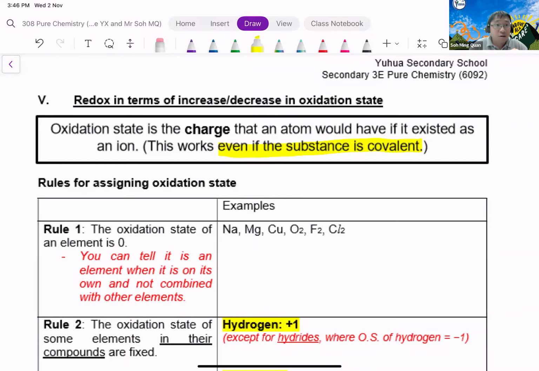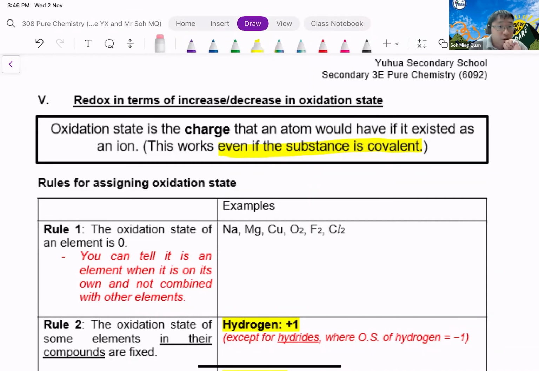Okay? Get it? So it's a charge. The concept is charge. But we know that charge may not exist in a covalent molecule. But we imagine that it's there. Now, why is this so powerful? Because by imagining the charge, we can now see the changes in the charges, the oxidation states, and therefore we can work out what is reduced and what is oxidized.